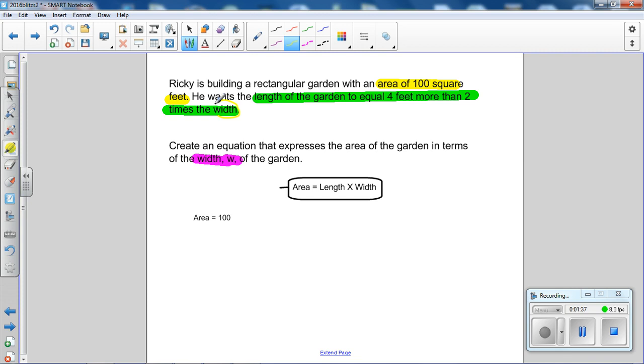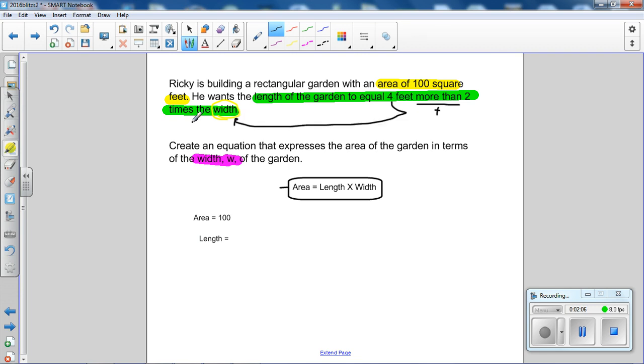So now, since I have my width in this problem as W, we're going to write what we just have. It tells us that our length is equal to, let's talk about the words more than. Whenever we have the words more than, we know that means to add, right? But the thing about more than is it means whatever you have more than something else has to go behind it.